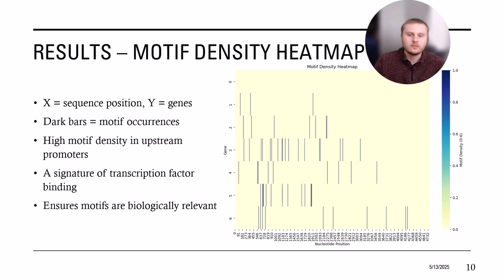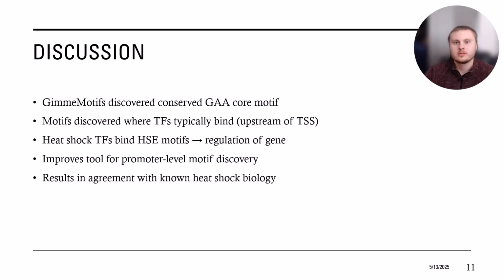So this figure confirms that the motifs we found aren't just random, they show up in biologically relevant spots. Putting this all together, we can say that the tool GimmeMotifs effectively discovered the conserved GAA core motifs, and that these motifs were discovered around the promoter region, where the heat shock transcription factors typically bind, the 200 to 1500 bases upstream of the start site.